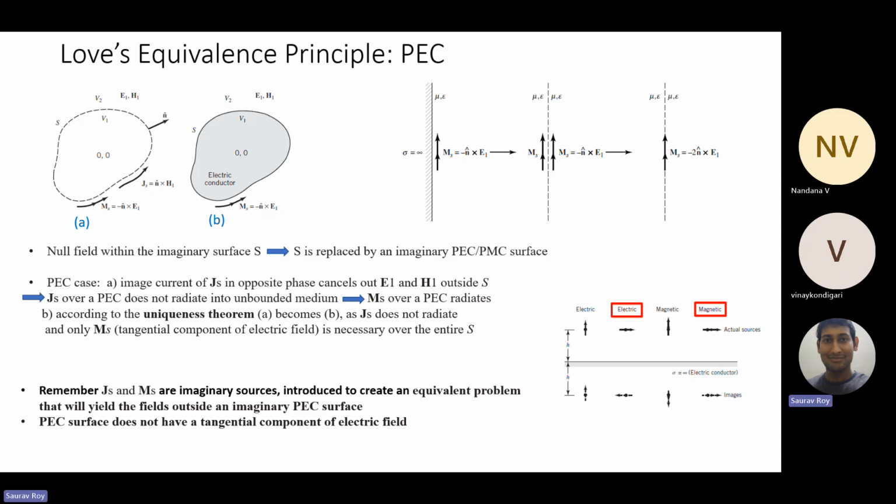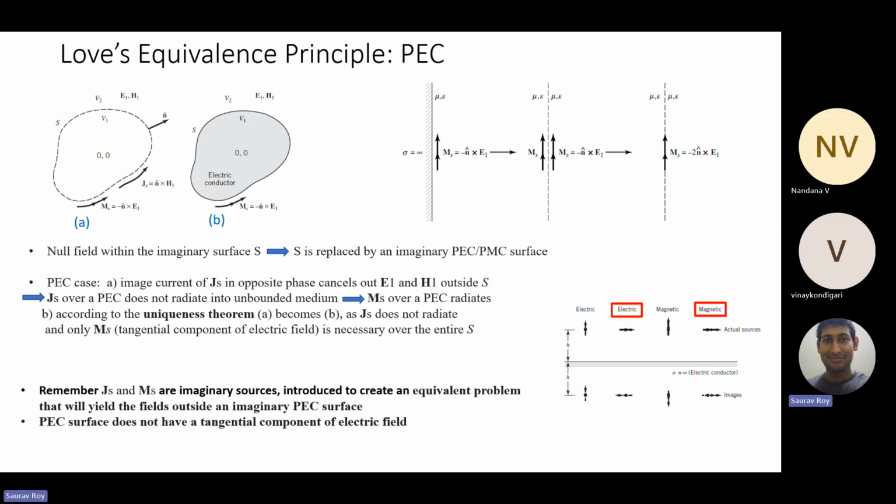Okay, is that understood? If we specify MS over the entire surface, by default we specify the tangential component of the electric field. So that gives us E1 and H1 uniquely. So this is the second point.